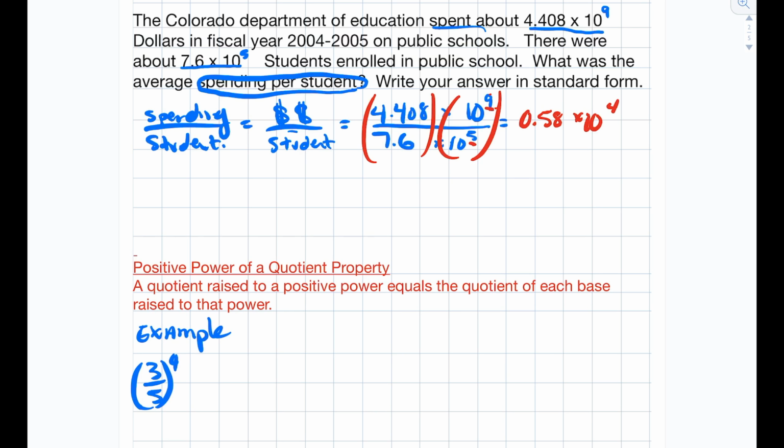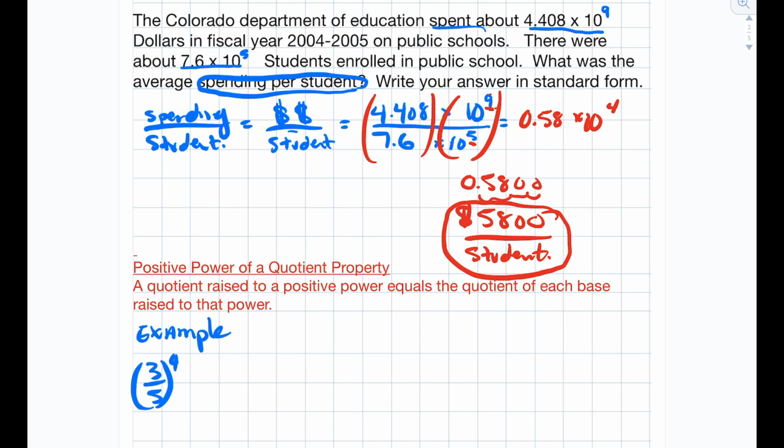And we're going to move the decimal over 4 places to put this in standard form. So 0.58, 1, 2, 3, 4. Put zeros here. So they spent $5,800 per student. All right. Well, spending has gone up since then, right? This is 2004, 2005.